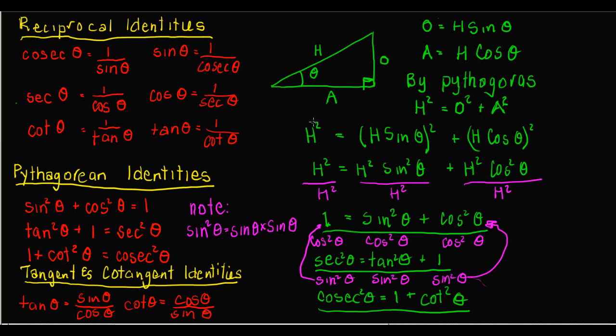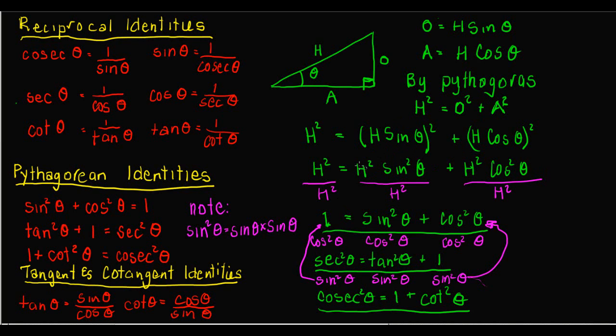So we can say that h squared equals, now we know here the opposite side is equal to h sine theta, so h sine theta all squared, and the adjacent side is equal to h cos theta, so h cos theta all squared, just substituting into this here. And just multiplying that out, h squared equals h squared sine squared theta plus h squared cosine squared theta.